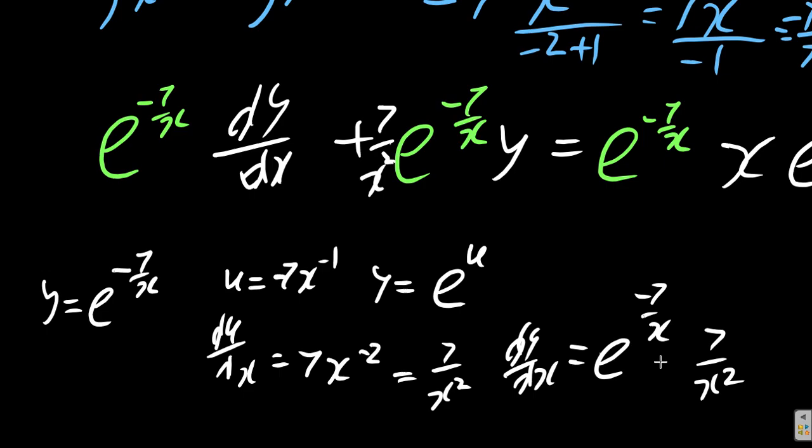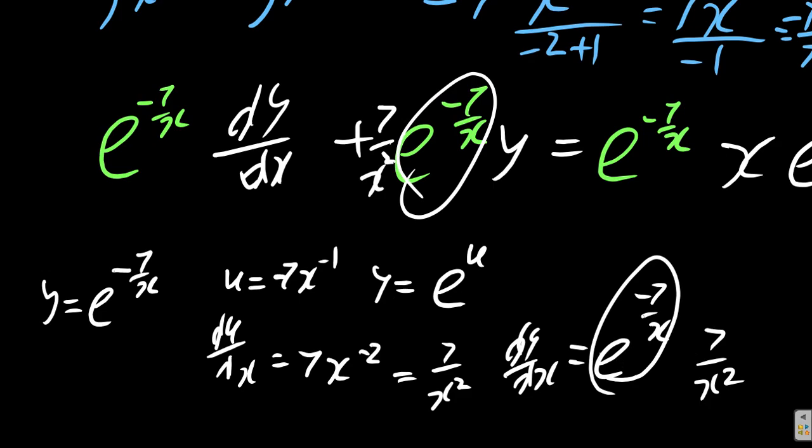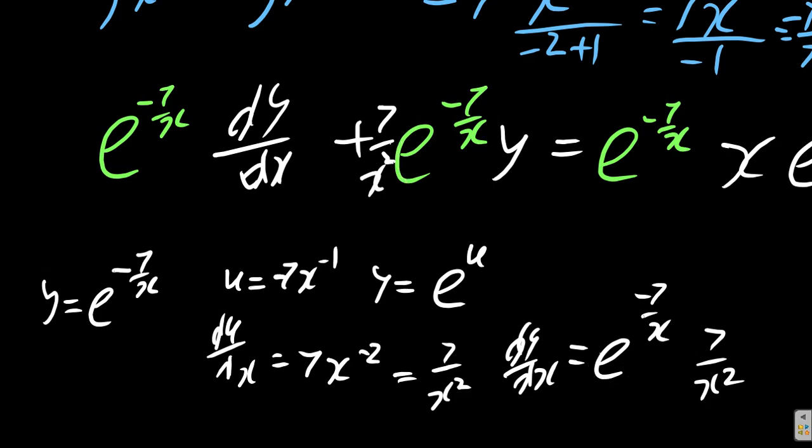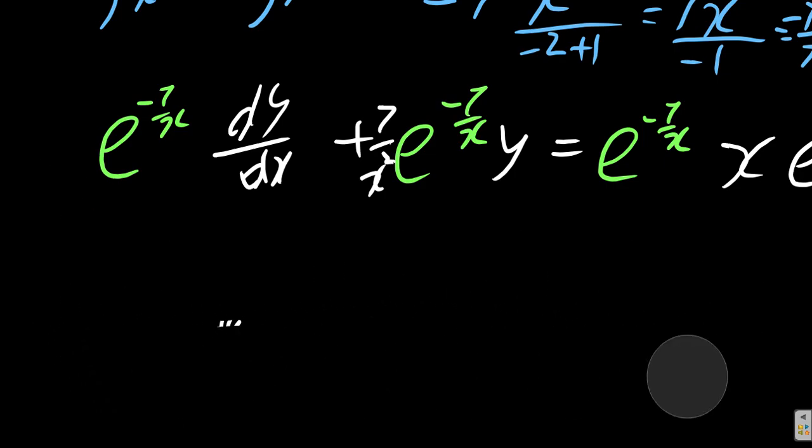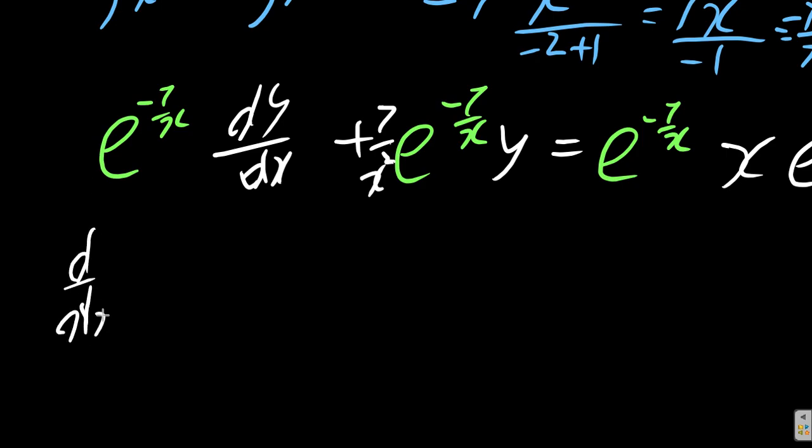So when you differentiate, we get 7 over x squared times e to the negative 7 over x. So we see the 7 over x squared here and here. Alright? So it shows that what we have here is the derivative d by dx of our product, which is e to the negative 7 over x times y.